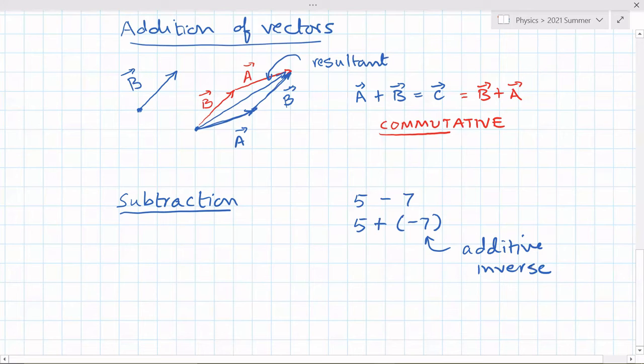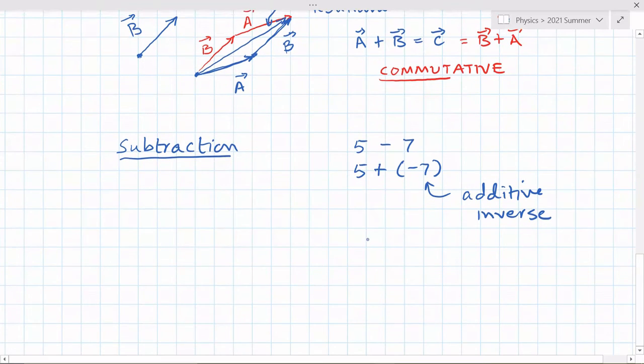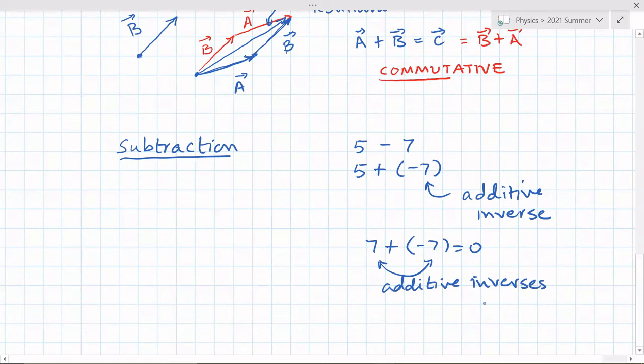Additive inverse is something that, if you add it to something, becomes 0. Since 7 plus negative 7 equals 0, these two are additive inverses of each other, which we loosely call the negative of one number. So negative of negative 7 is positive 7. Negative of positive 7 is negative 7.